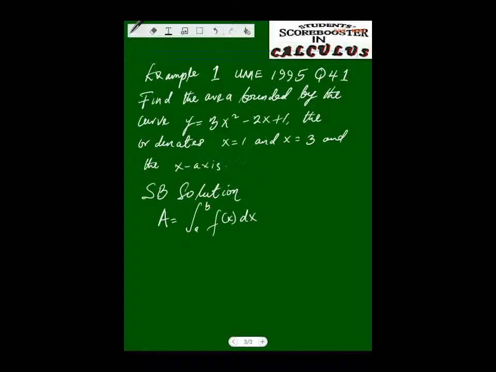By writing this formula, then you begin to think, what are the things that you need as inputs to be able to use this formula to solve your question. So the first thing we should look out for is, what is our a? Our a is 1. What is our b? Our b is 3. And what is f of x? F of x is y, and it was given as 3x squared minus 2x plus 1.